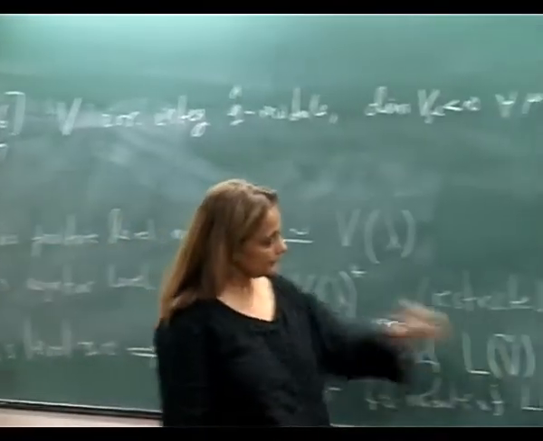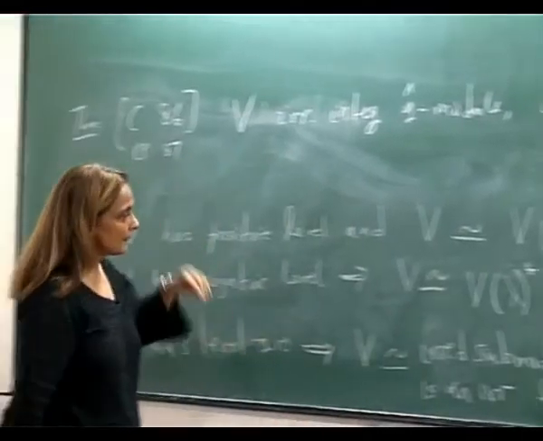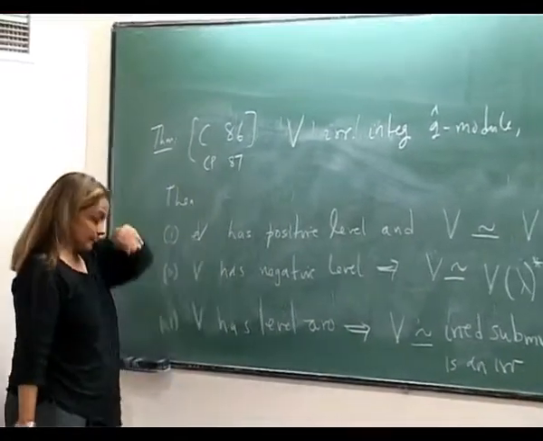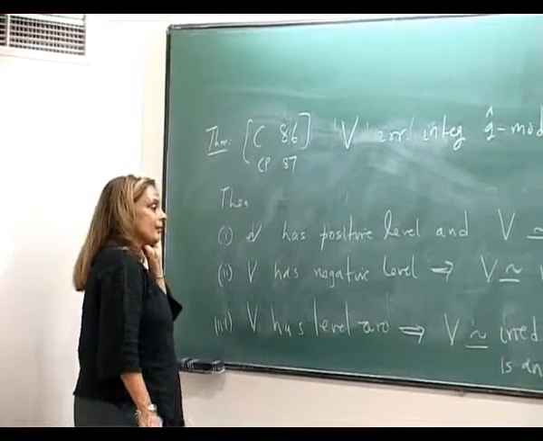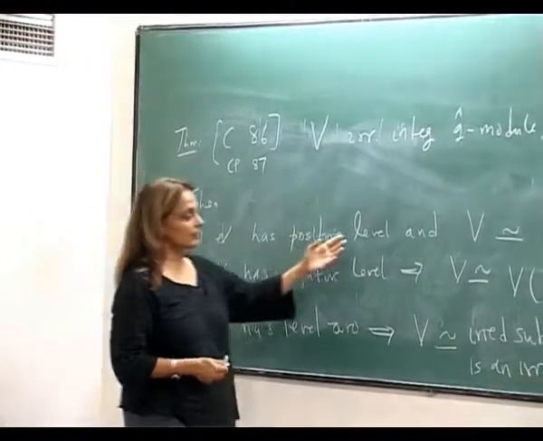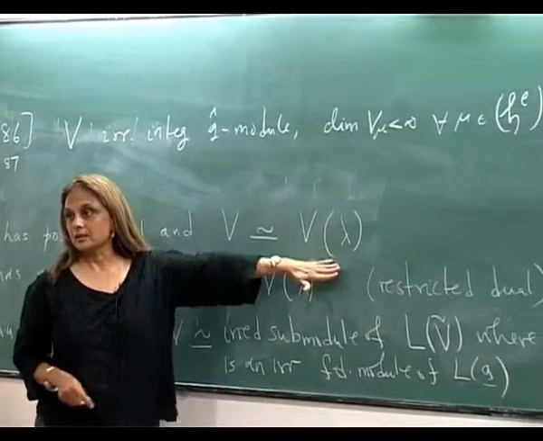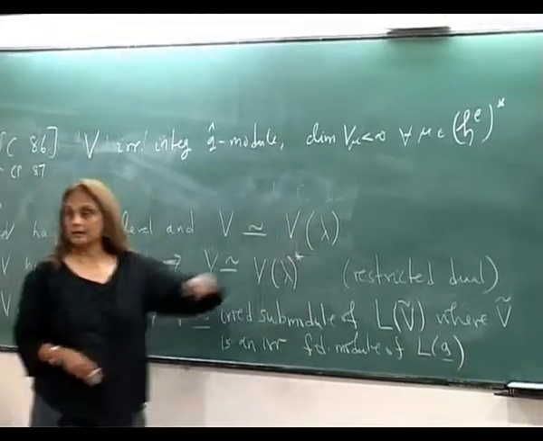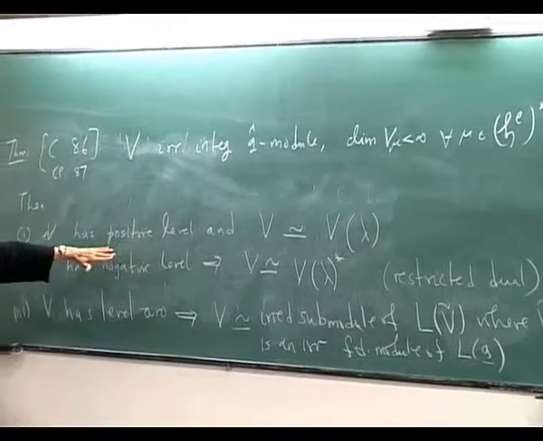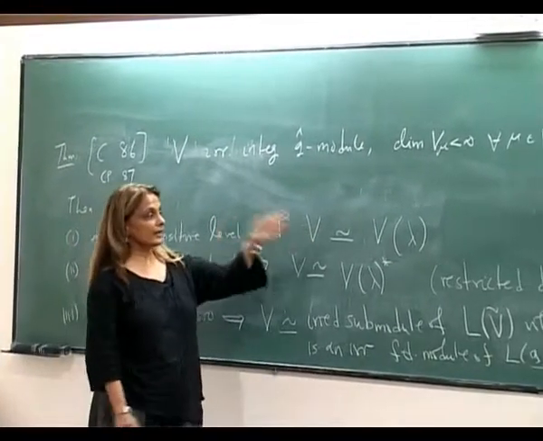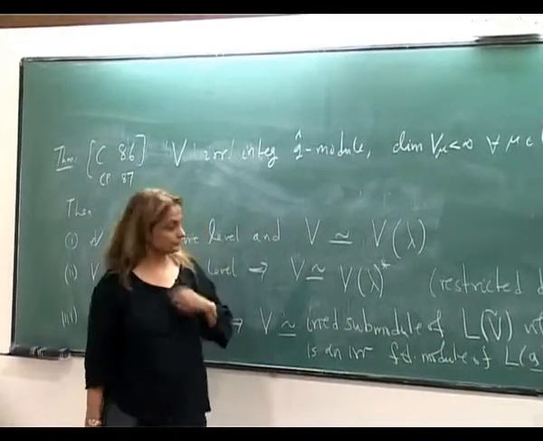So let's look at this theorem. It tells me that if I want to understand positive level modules, I have to understand V isomorphic to V lambda. There's lots of literature. This has been studied by lots of people. So this is a well understood thing. You have things like Weyl-Kac's character formula for them and so on.